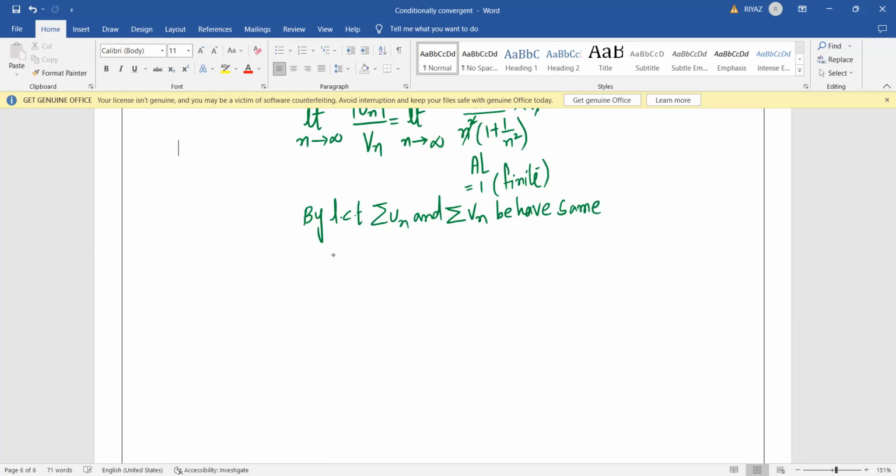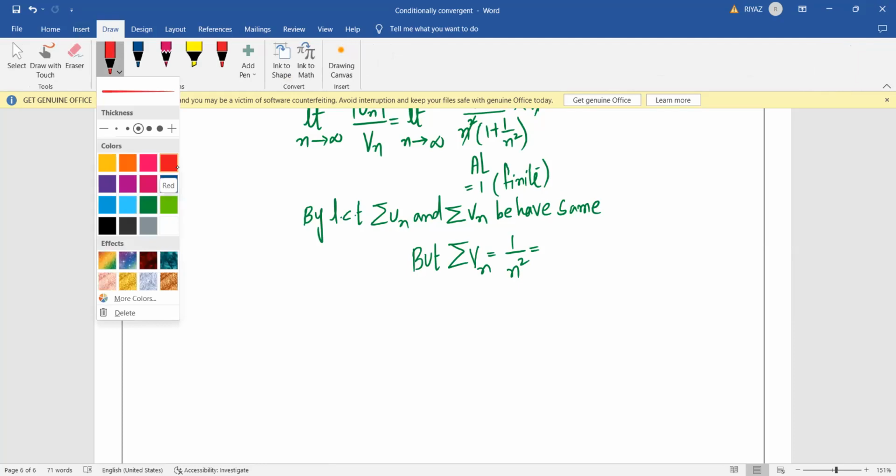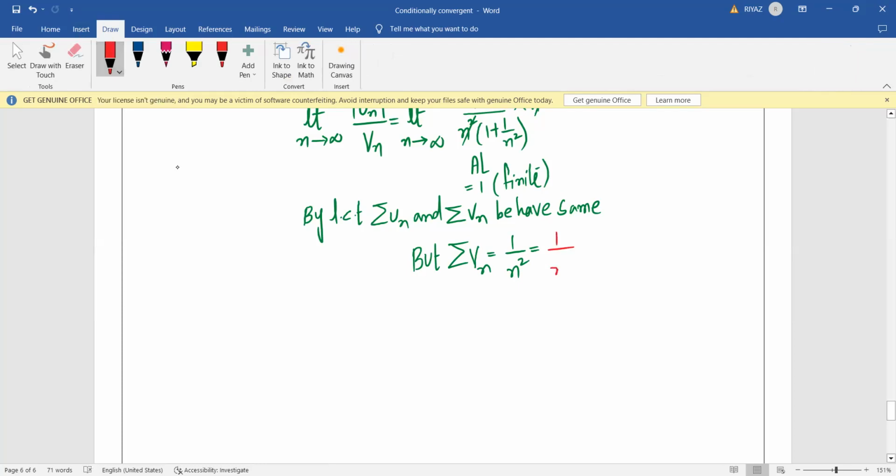But summation vn equals 1 by n square. We are going to compare with the helping test, that is the p test: 1 by n power p.